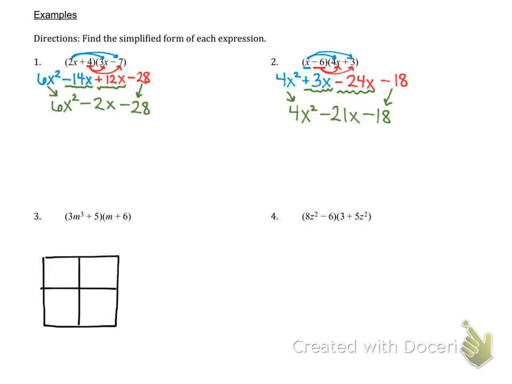For the third example, I'm going to show you guys how to use the box method. So all I did was I made a box and I put 4 squares inside of it.